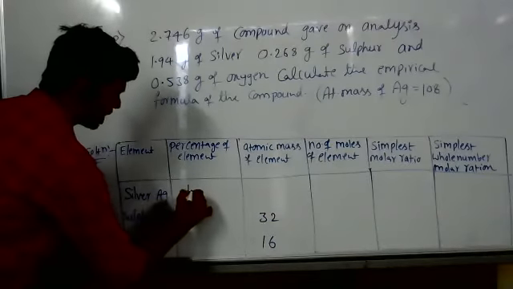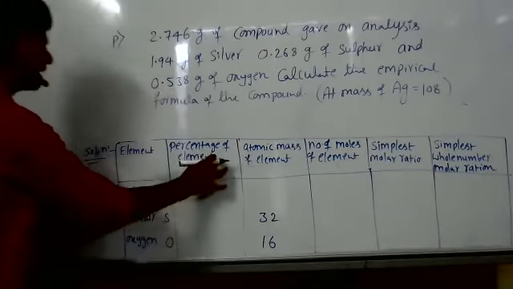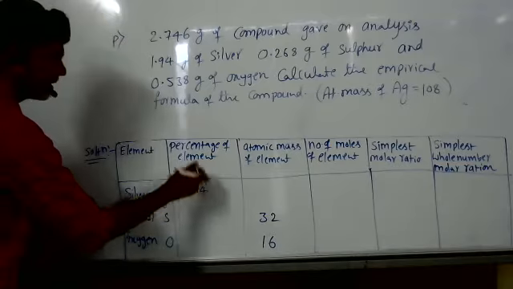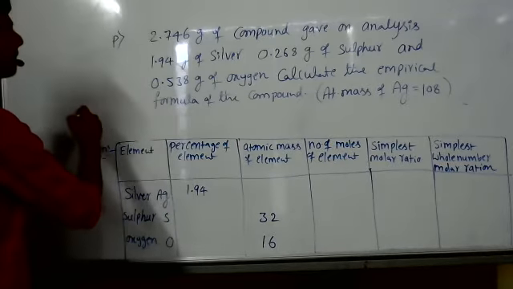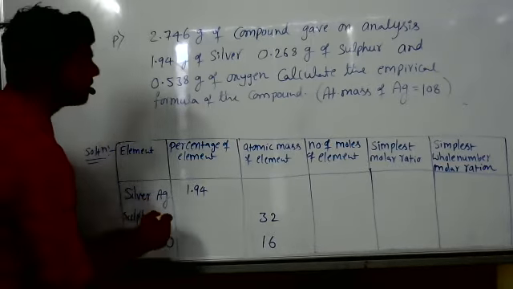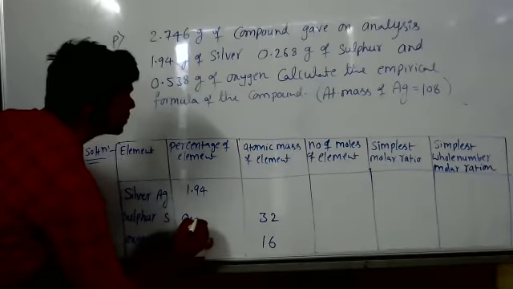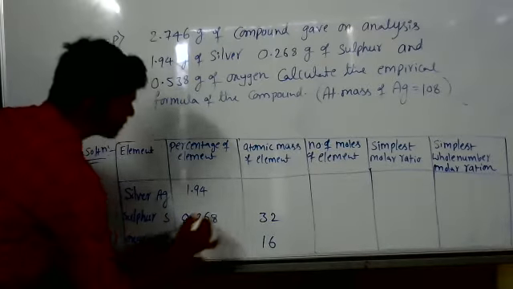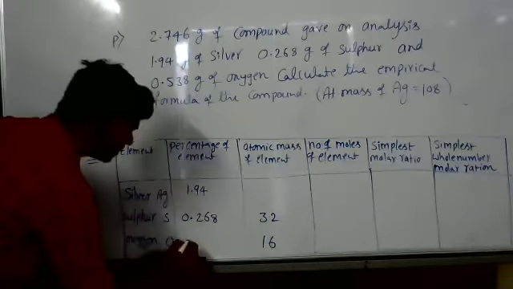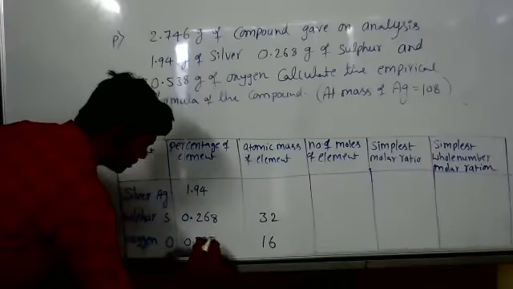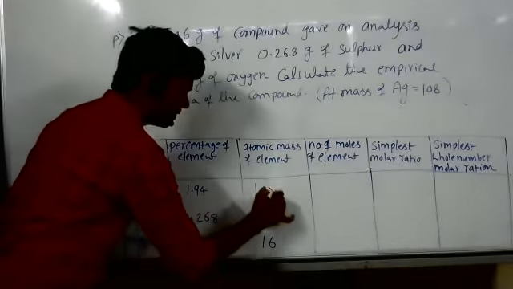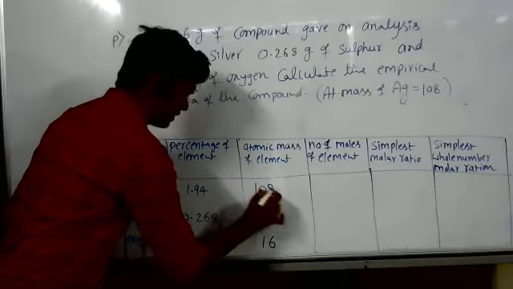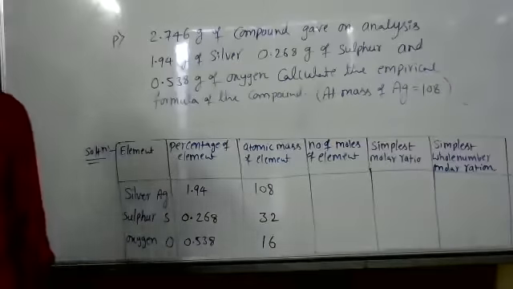Silver is given as 1.94 grams. So here, percentage of element or mass of element, you may take either. Sulfur is given 0.268. Oxygen is 0.538. Atomic mass of silver is 108. Next step is to calculate the number of moles.